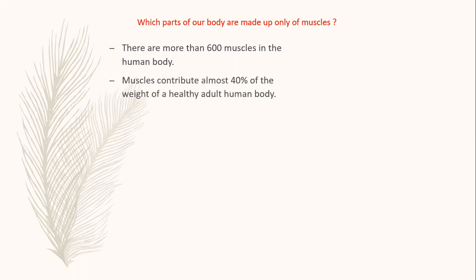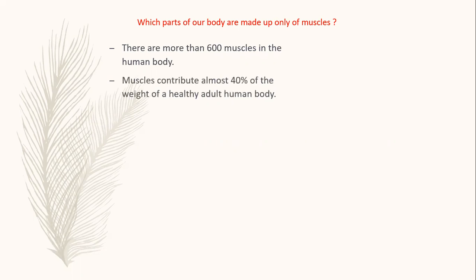So we will go point-wise, girls. We will study one point of the thing that I have written over here. There are more than 600 muscles in the human body. Can you imagine that? More than 600 muscles in a human body.